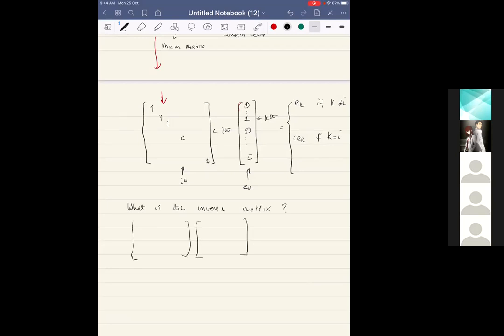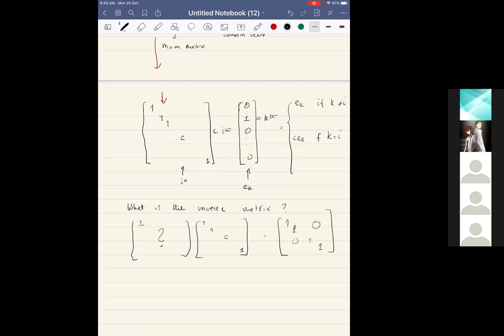I have this matrix with 1s on the diagonal and C in one spot, and I'm looking for a matrix that when I multiply on the left gives me the identity.